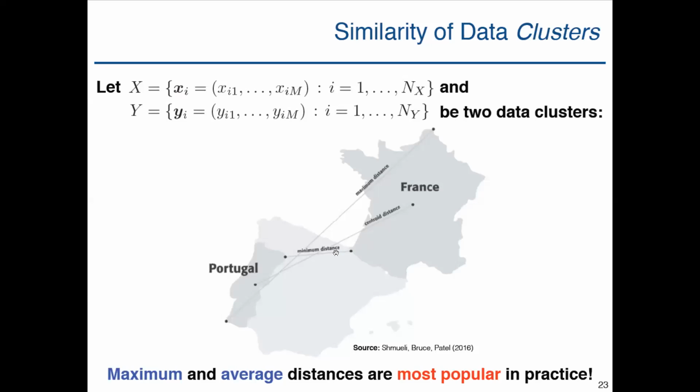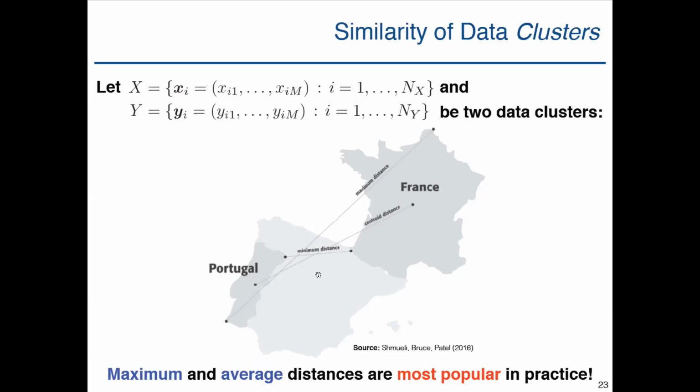The minimum distance is between the two points that are closest to each other from these two clusters. For example, in this France cluster, the point at the bottom left, and in the other cluster the point at the top right, they are closest to each other, right? So the distance between them is called minimum distance. So this is one way of measuring distance between clusters. That's called minimum distance or single linkage.